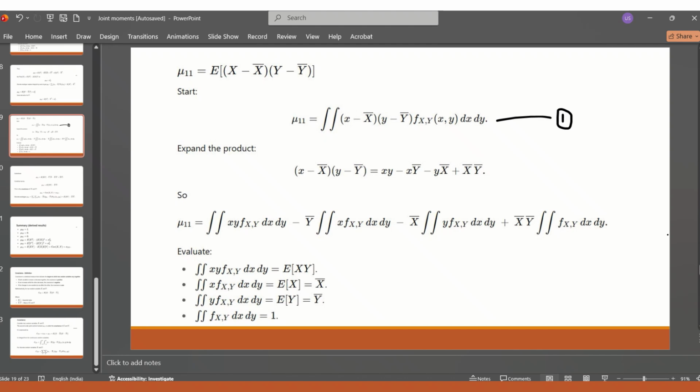We get mu 1 1 equal to the double integral from minus infinity to infinity of xy times f of x comma y dx dy, minus y bar into the double integral of x along with its joint density function, minus x bar into the double integral of y along with its joint density function, plus x bar y bar times the double integral of its joint density function.